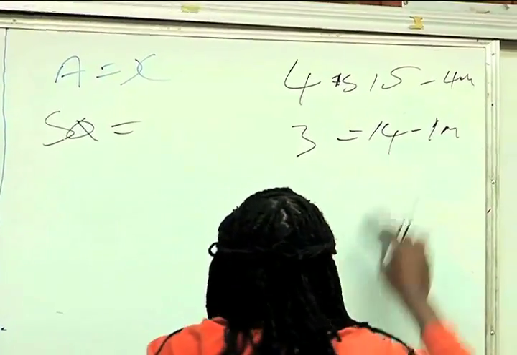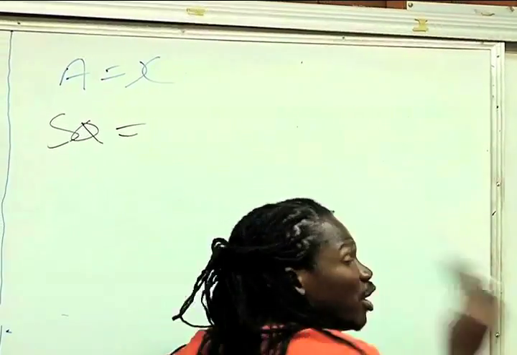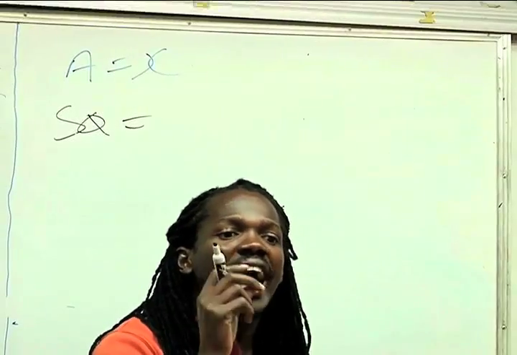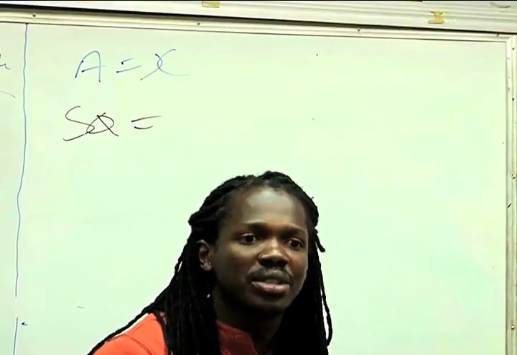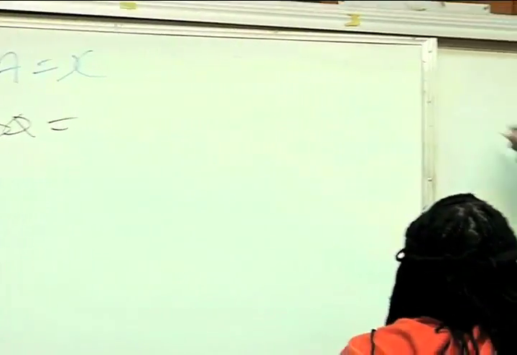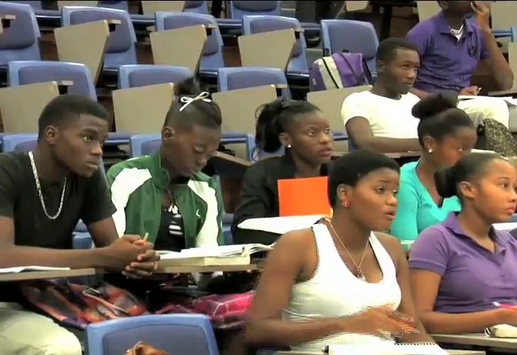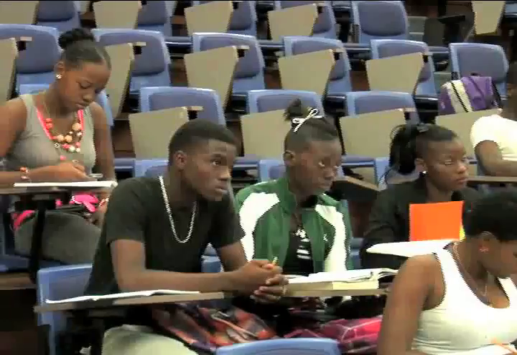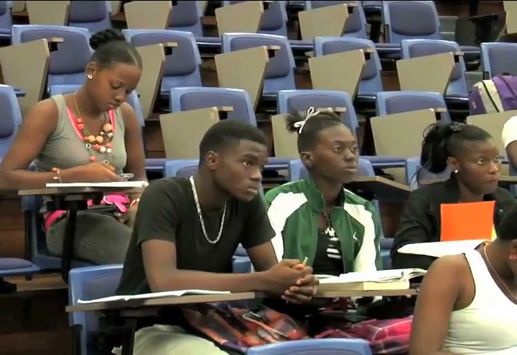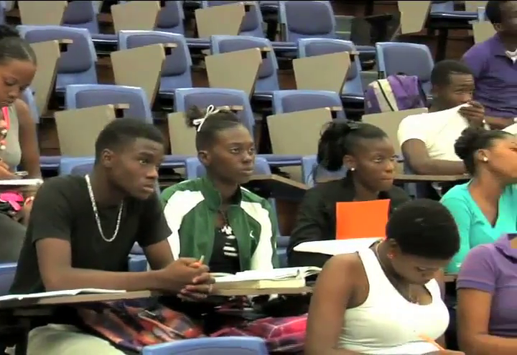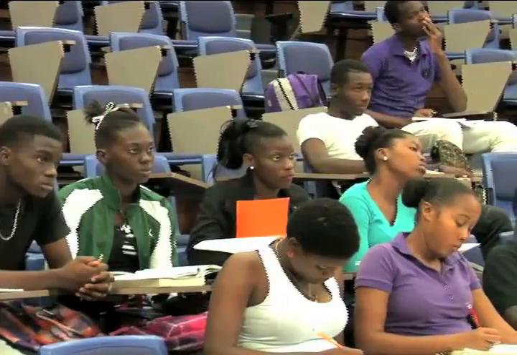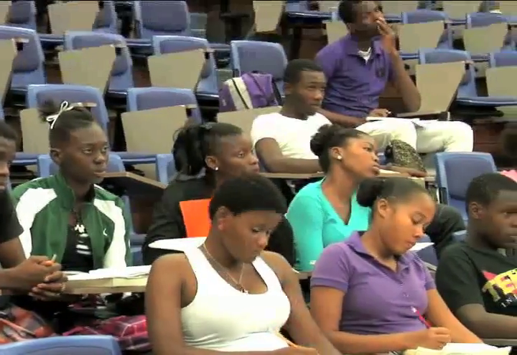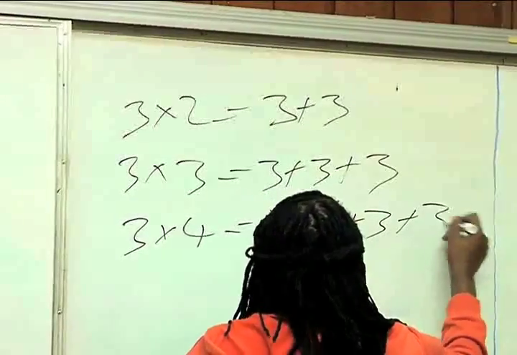May I show you? Remember I said that multiplication is simply adding the number to itself a certain amount of times. Look at it. 3 times 2 is equal to 3 plus 3. 3 times 3 is equal to 3 plus 3 plus 3. 3 times 4 is equal to 3 plus 3 plus 3 plus 3.